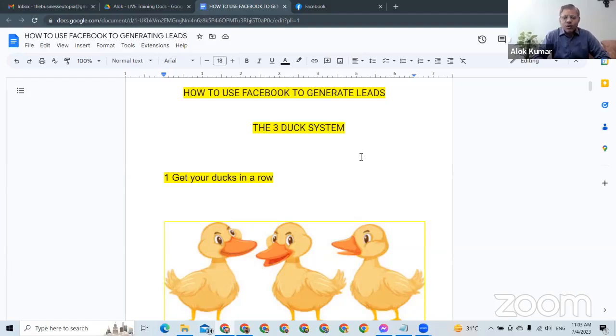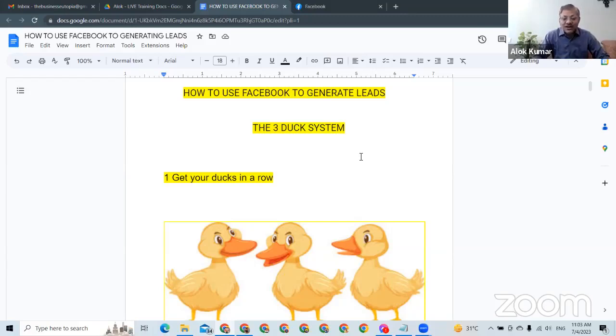And you'd be wondering why I'm always talking about this three duck system, because you must have seen ducks in various kids' cartoons, as well as even multiple videos, where these ducks go together all the time. You must have even read stories about them. But more or less, these three ducks are all going together in a system, in one row. That is why I say this three duck system, and get your ducks in a row.